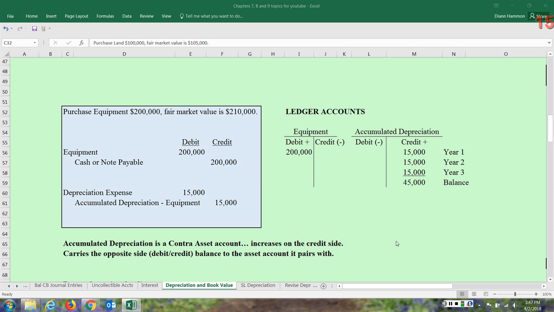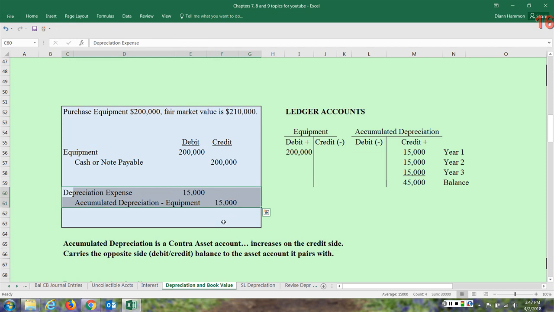It also does not mean that cash is being set aside to maybe replace this asset, because we are not moving cash around at all. As you see from the depreciation expense and accumulated depreciation, which is going to be the entry that you make every single time you prepare a depreciation entry, cash is not moved.